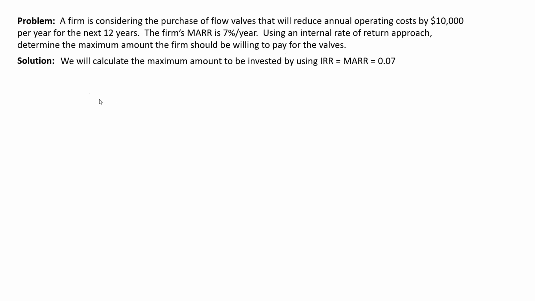Okay. We will calculate the maximum amount to be invested by using IRR equals minimum attractive rate of return. And so we'll say minus P times 1 plus this thing.